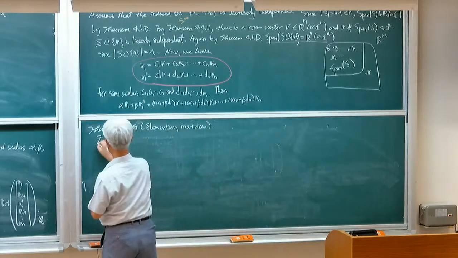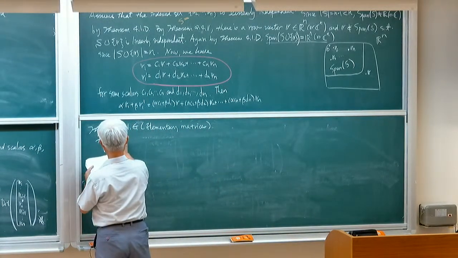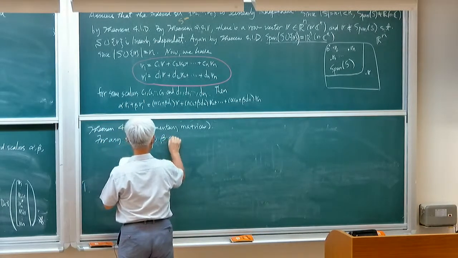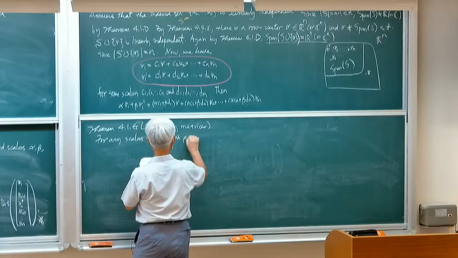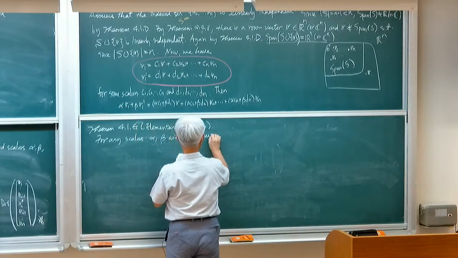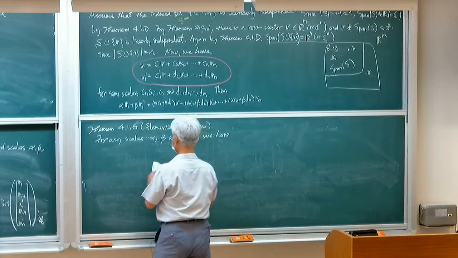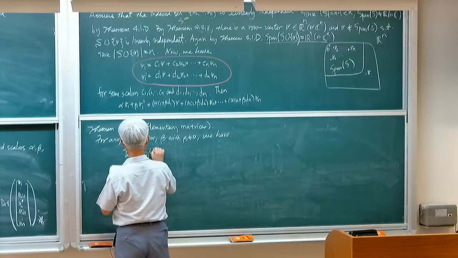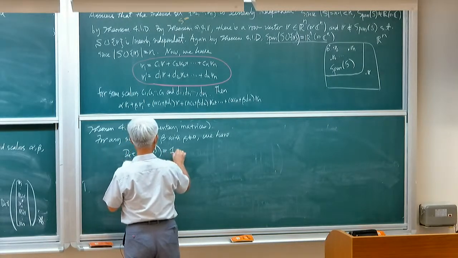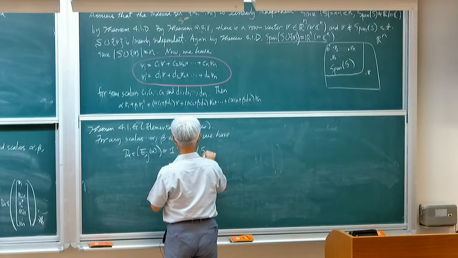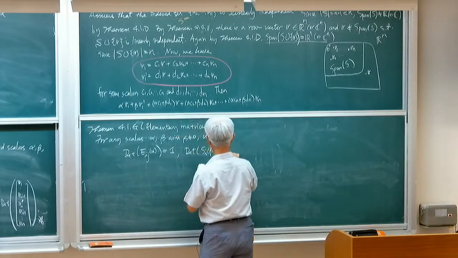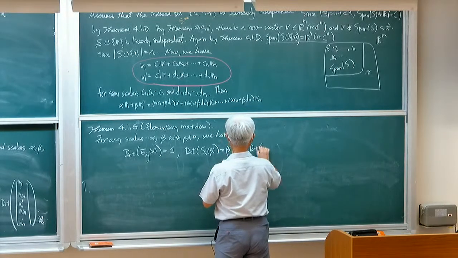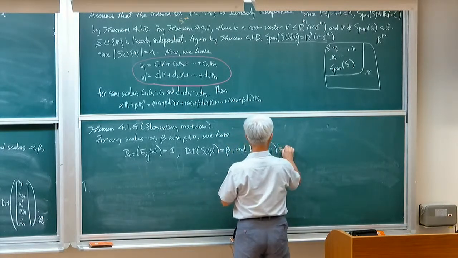For any scalars alpha, beta with beta not equal to 0, we have the determinant of E_ij(alpha) is equal to 1, the determinant of E_i(beta) is equal to beta, and the determinant of P_ij is equal to minus 1.